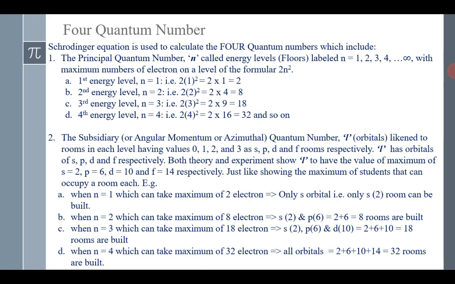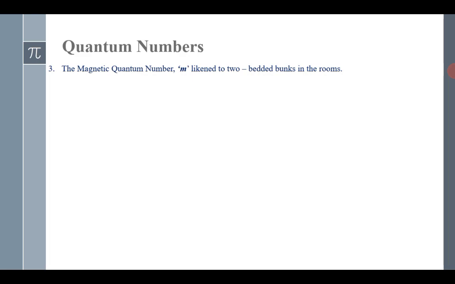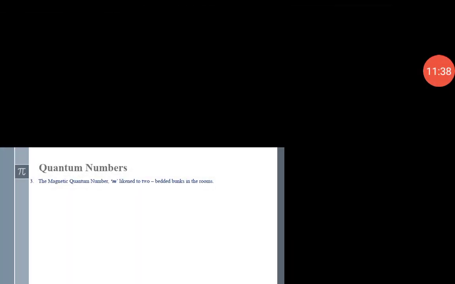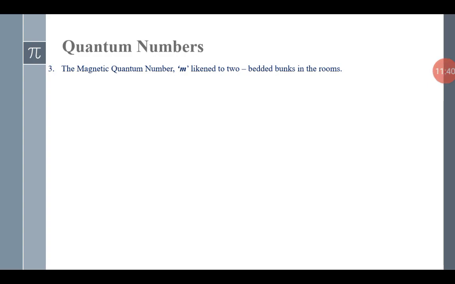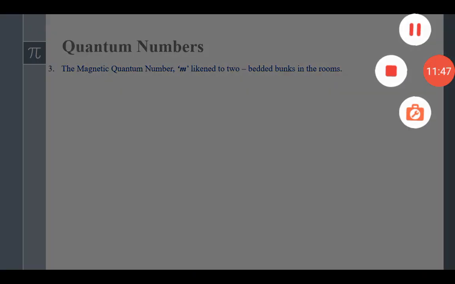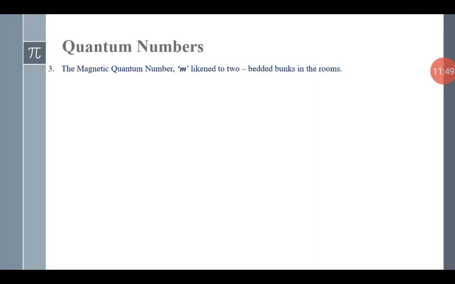So we look at the third quantum number, which is the magnetic quantum number, likened to be the two-bedded bunks in the rooms, and they are labeled in such a way that they have integral values varying from minus l to plus l.